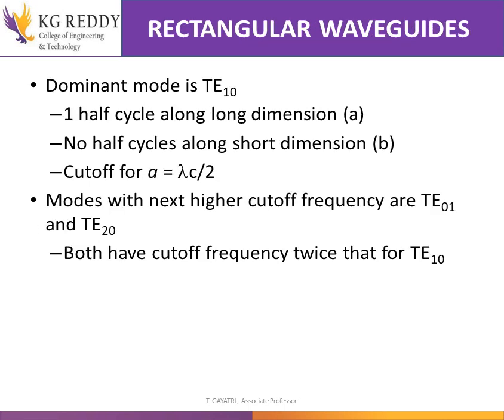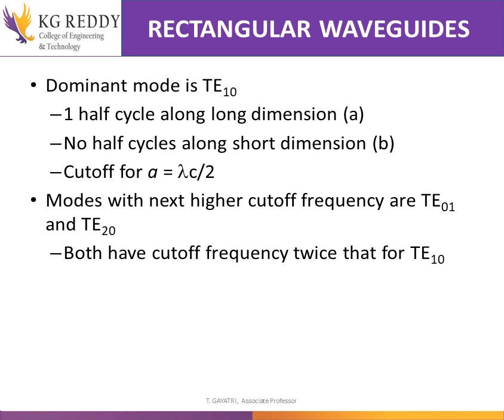Now, for a rectangular waveguide, we know that the dominant mode is TE10 mode. TE10 indicates that this is TEmn. The m value is 1 and the n value is 0. The m value 1 indicates that there is one half cycle propagation along the long dimension a, and 0 indicates that there is no half cycle propagation along the short dimension b.